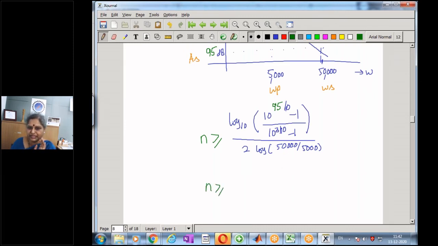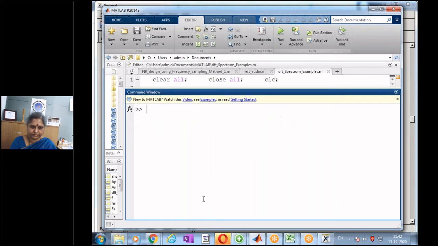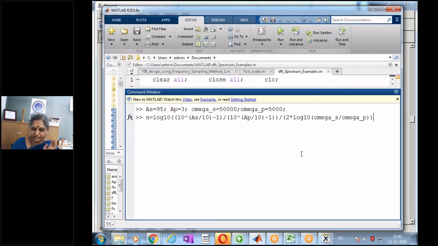So let us see what we get as the order of the filter. My stop band attenuation is now 95 dB and everything else remains the same. Putting in the same formula, I get 4.75.